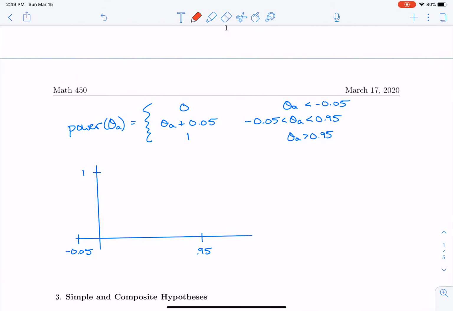It's going to be 0 up until negative 0.05, and then it's going to be linear with slope 1. It's going to grow until I get to 0.95, and then it's going to be 1 after that. And so this is my power function for this example, power versus theta sub A, the alternative.